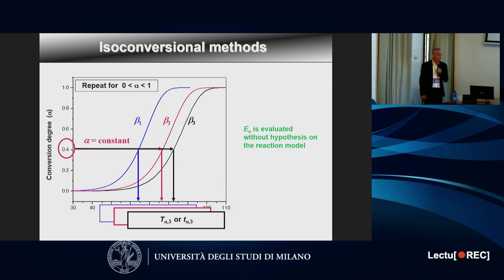We can show, but I don't want to go into detail with the equation, that in that case we can determine what we call the effective activation energy, the apparent activation energy. The interest is that it is determined without any hypothesis on the reaction model. The problem with the model-based approach, if you have already tried, is that it is very difficult to select the right mechanism.